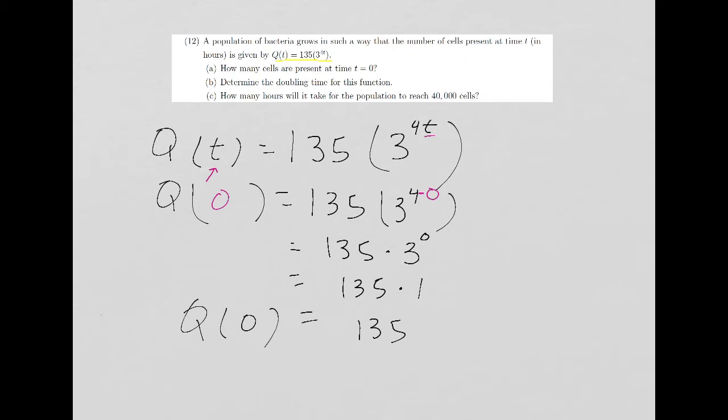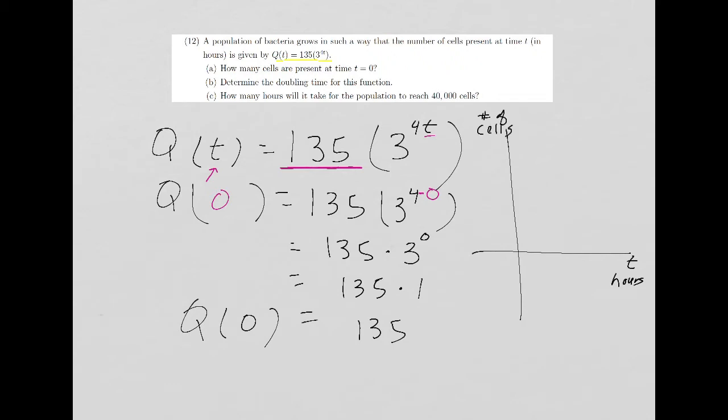Okay, so this is great information, but I also want to tell you the shortcut, if you don't care to go through all this work: the initial amount is always the constant in front of the exponential term. Now, on the graph, this is time, and time is given to us in hours, and this is number of cells.